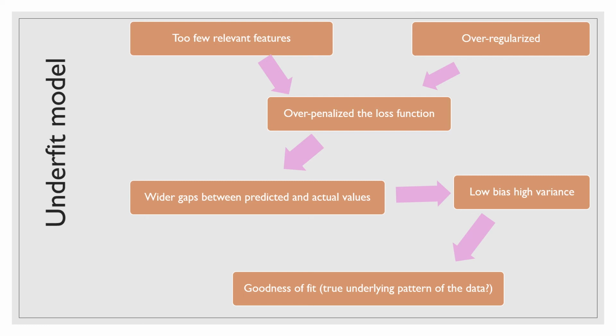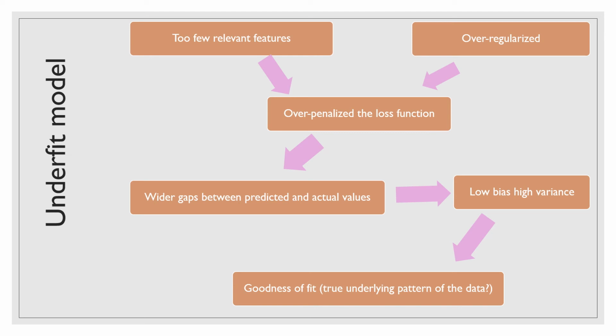You can think of the loss function as the difference between the predicted and the actual values. So, when we over-penalize the loss function, these can widen the gaps between actual and predicted values for our dependent variables. And these in turn can lead to low bias and high variance.